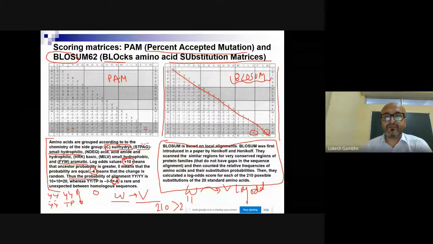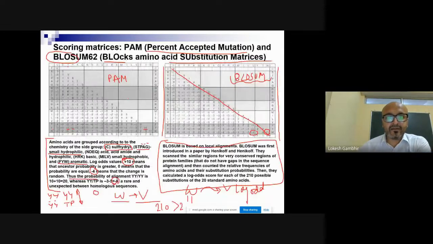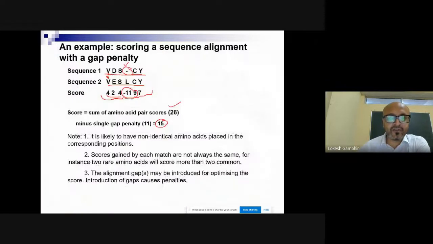Similarly you can match, and the score is written here. For the gap of L, that is leucine, we have incorporated the value of -11. So the total score, once you sum it, comes to 26 minus 11, that is 15.